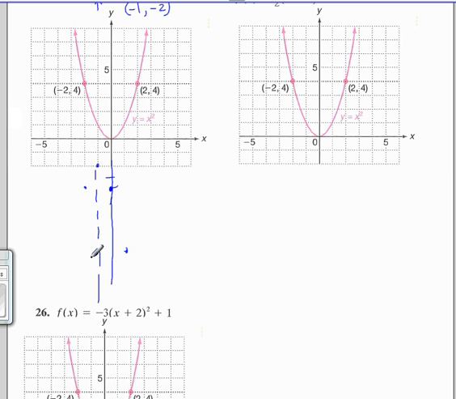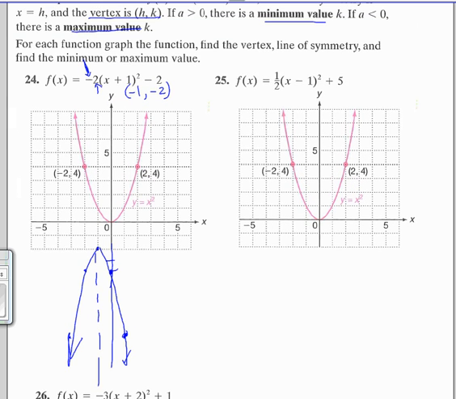So we'll have another point somewhere like this. So the graph looks something like this. Let's take a look at number 25.